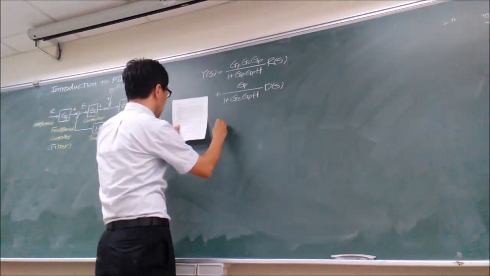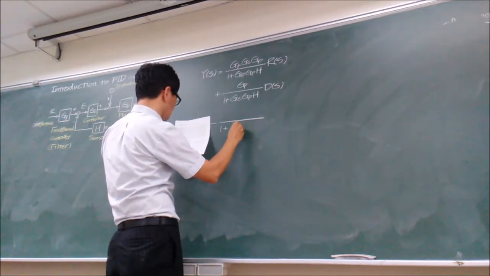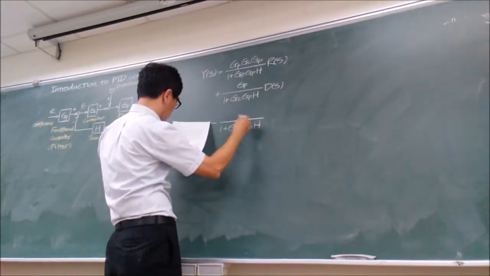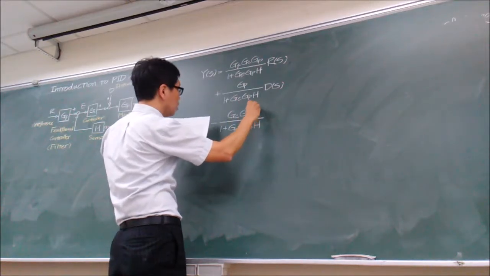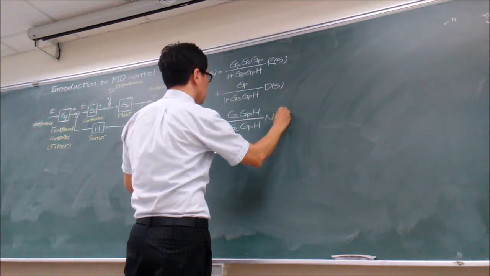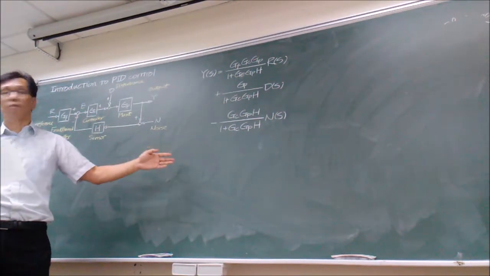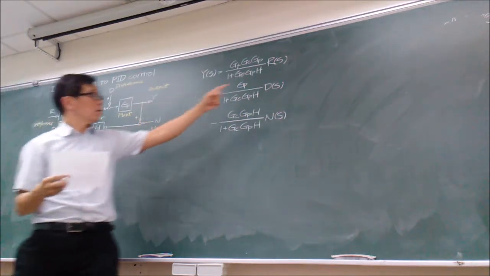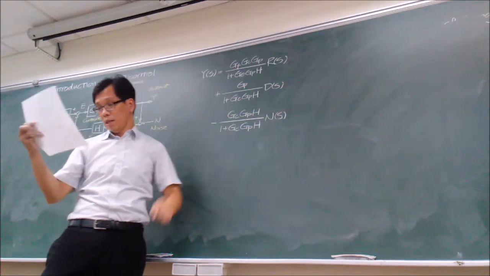So there is one more block that needs to be identified. Okay, so this time, based on this configuration, we got 3 inputs: reference, disturbance, and noise.